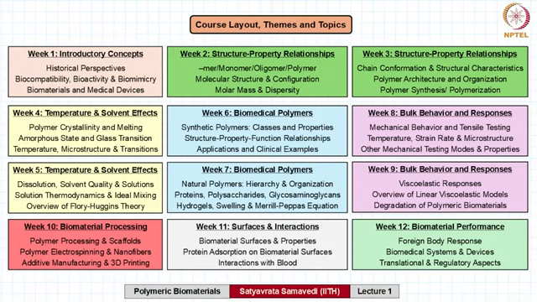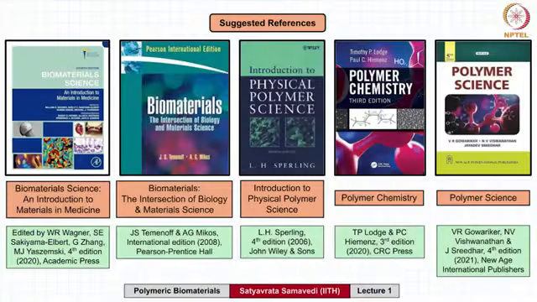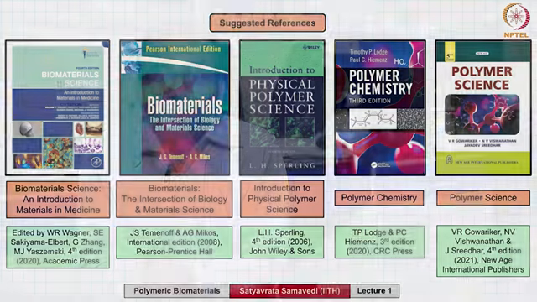This course is meant to be self-contained in that all the concepts you will need will be provided as part of the lectures, but we have drawn inspiration from some particular reference textbooks which are being shown on the screen right now. So depending on your orientation and your interest, if you are interested in additional reading, these will serve as good repositories for you to look up more details beyond the scope of this course.